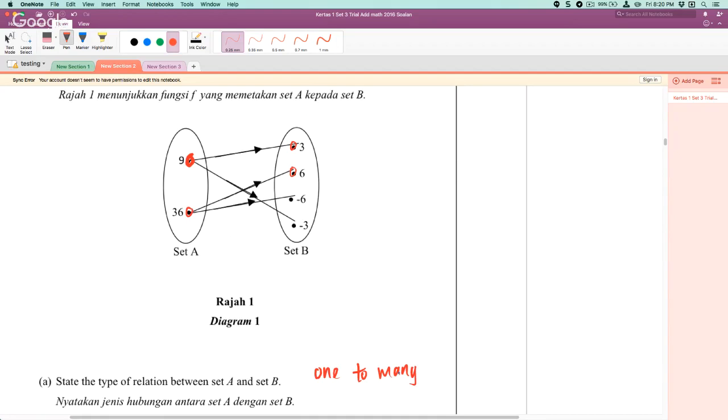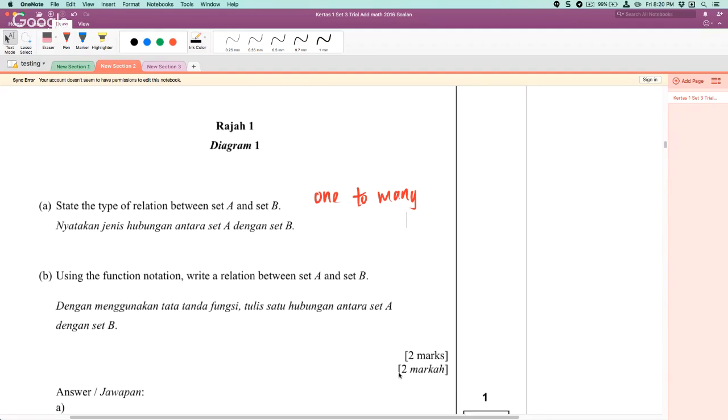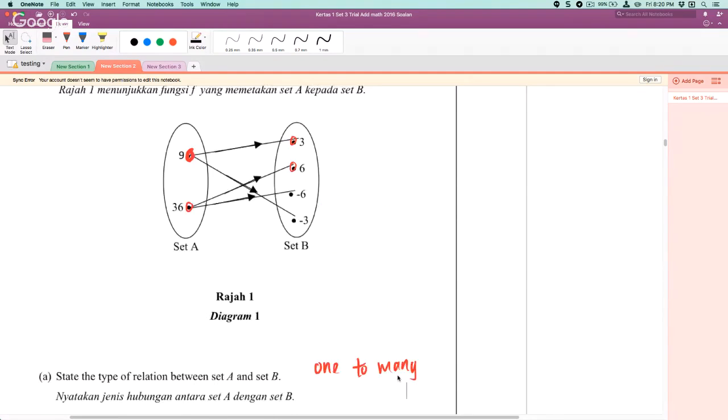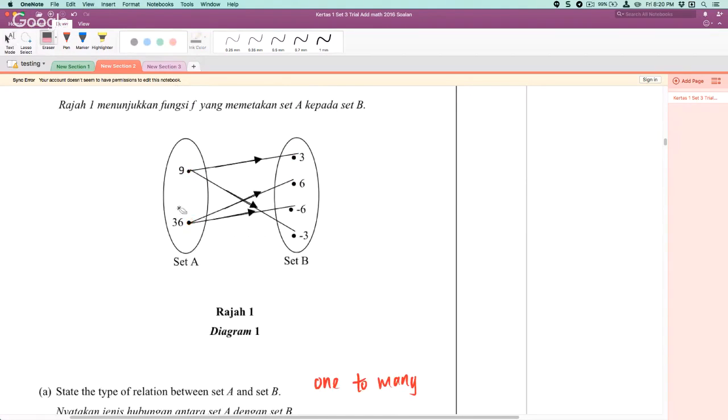The second one: using function notation, write the relationship between A and B. Now you have to see the relationship between A and B. Let's look at this one first: 9 will become positive and negative 3. If 9 becomes positive and negative 3, we straight away know the answer, which is the square root of 9, isn't it? If I take the square root of 9, I get positive 3 and negative 3, because a square root has positive and negative values.